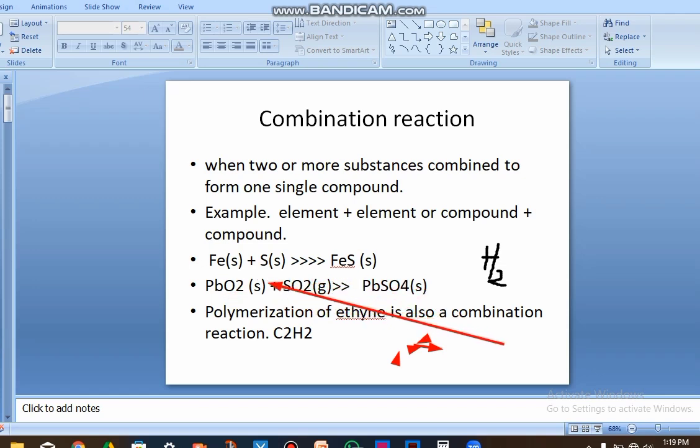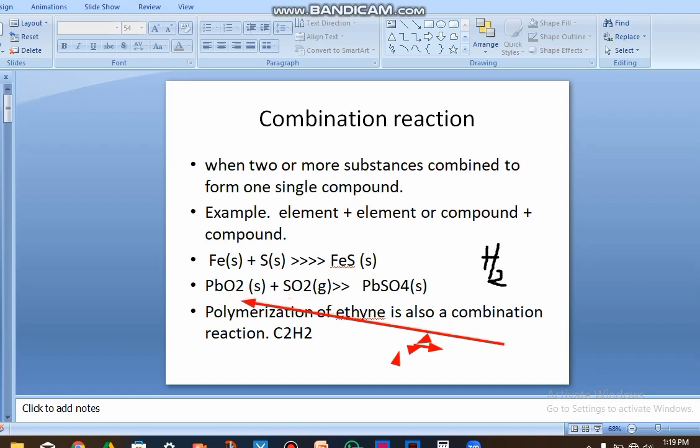You can see that these two are supposed to be at the downside of the element. I typed it, that's why it's in this form. But when you are writing, make sure the number is at the downside of each molecule or each element. Are you getting it now? So don't write numbers in this form. It is incorrect.